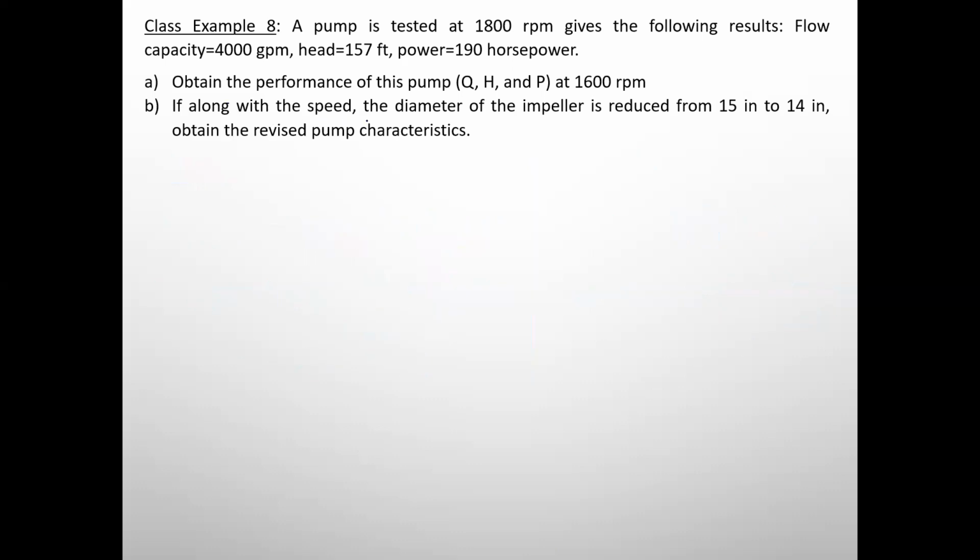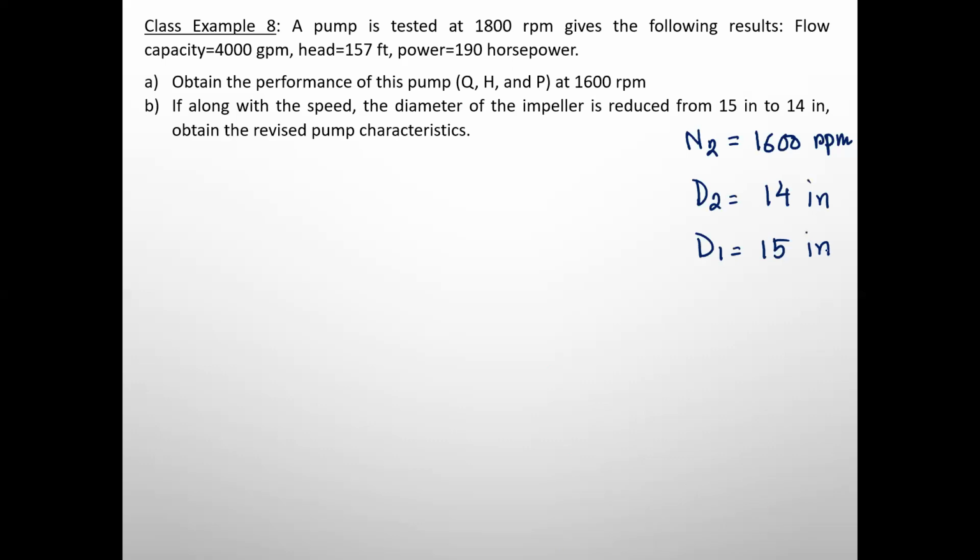It says that along with the speed, that means you already reduced the speed, the diameter of the impeller is reduced from 15 to 14. Obtain the revised pump characteristics. That means now N2 is already 1600 RPM, D2 is 14 inch, and D1 is 15 inch.